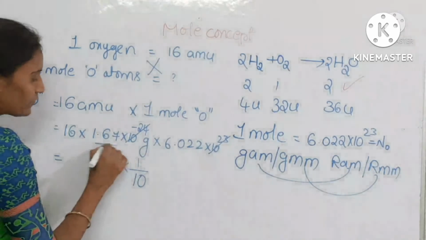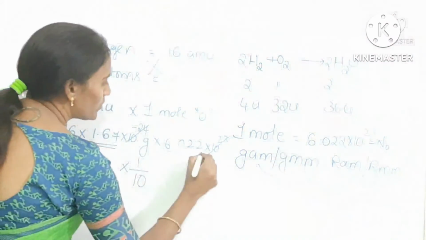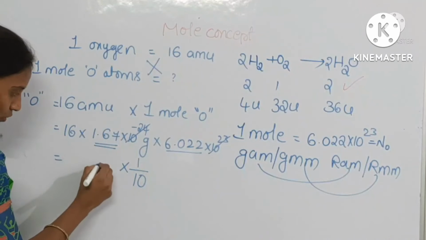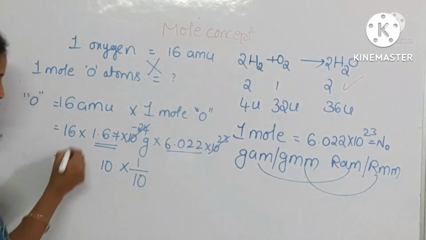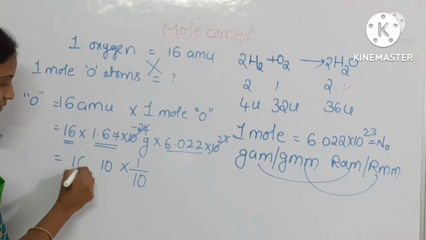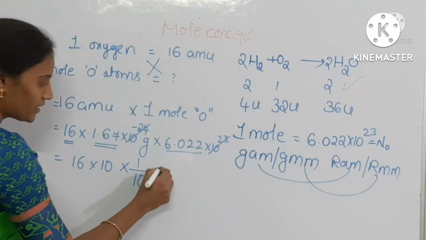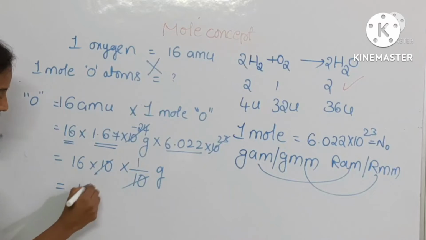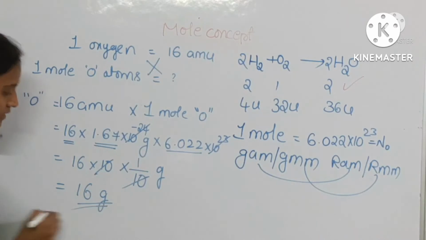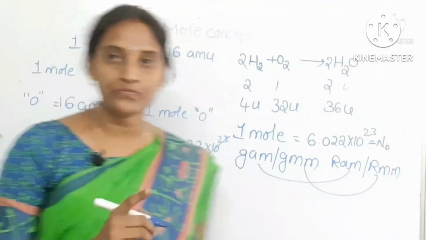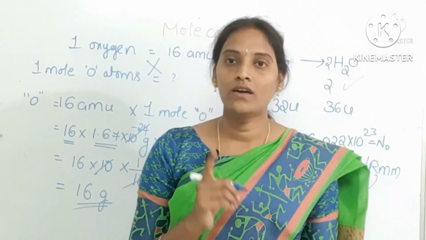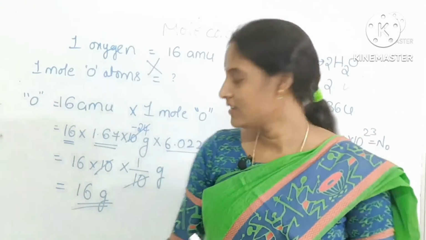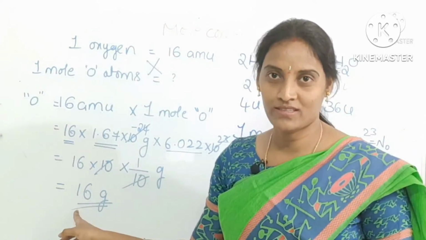And if you simplify 1.67 and 6.022, you will get only 10, and the remaining is 16 × 10 × 1/10 grams. So the 10s cancel, and the remaining value is 16 grams. That is, 1 mole of oxygen atoms has a mass of 16 grams, students.